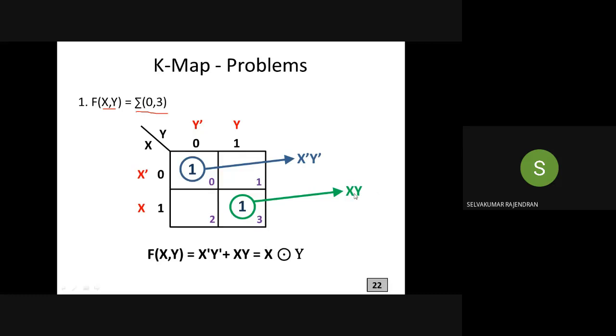By summing these two minterms, you get the final Boolean expression: x prime y prime plus xy. That is the XNOR function, x XNOR y. You can also simplify it like this.